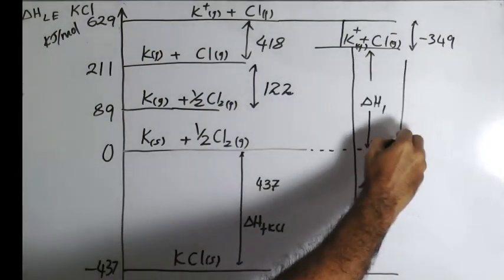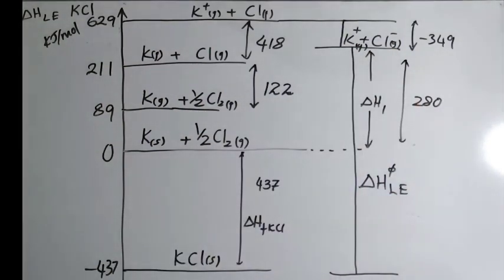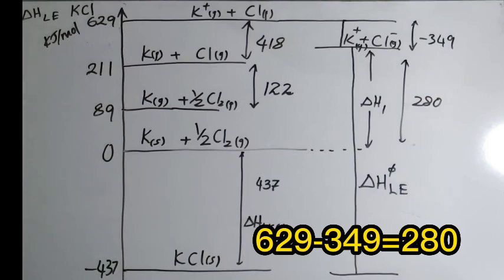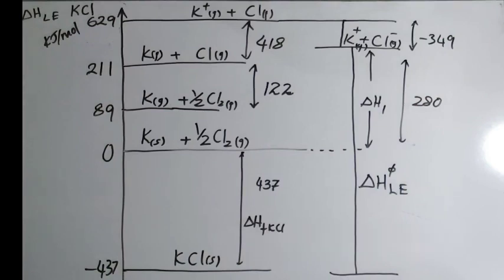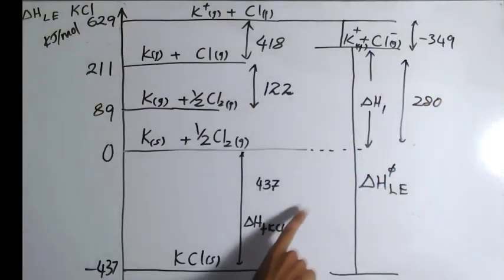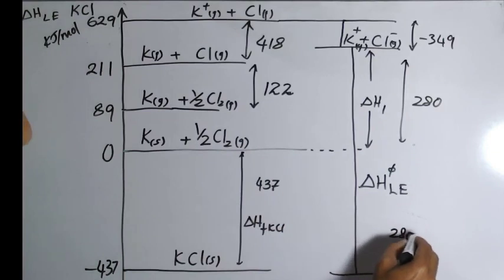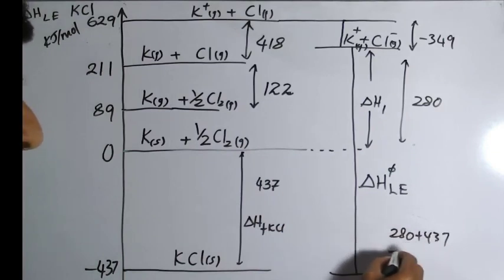So this would be equal to 280. Once we add this 280 and 437, it is equal to 717.